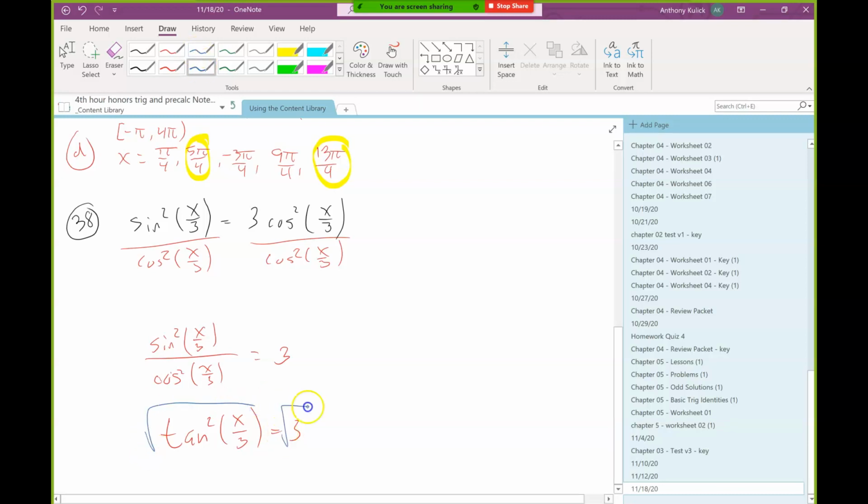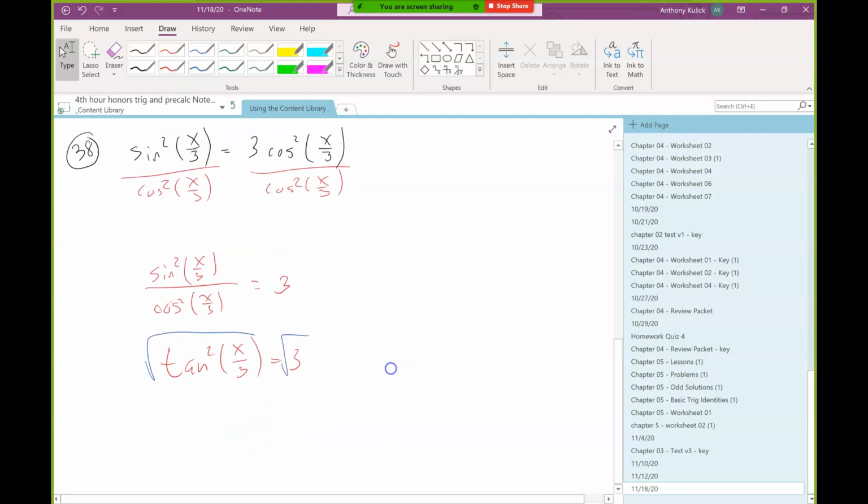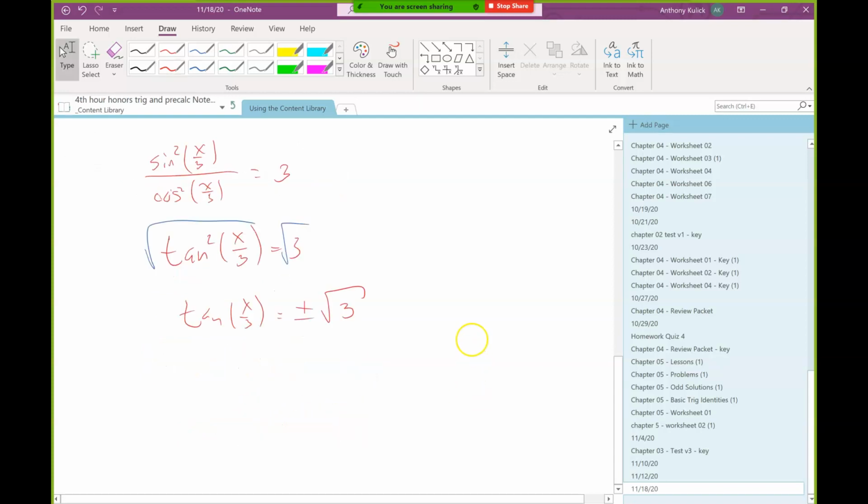And we'll square root both sides. So tangent of x over 3 is equal to plus or minus square root 3. I'm going to break that then into two separate equations, one for the positive and one for the negative.